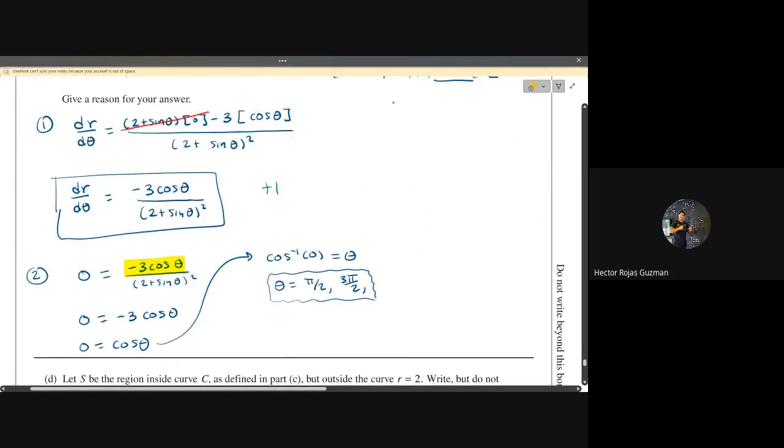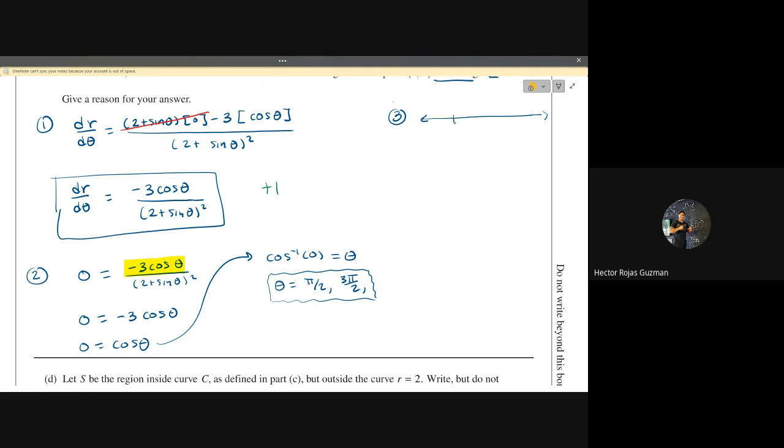Third, to find me some increasing intervals, I'm going to go ahead and set up my number line. My first critical point is pi over 2. Oh, and remember, we're only going from 0 to 2 pi. So I'll get some more space right here. Pi over 2, 3 pi over 2.